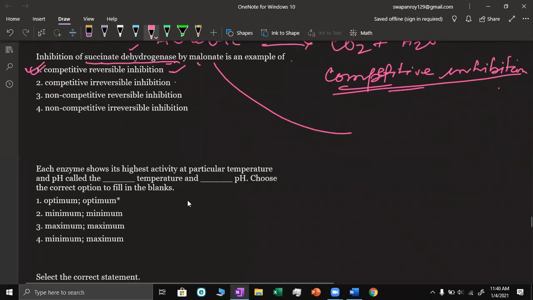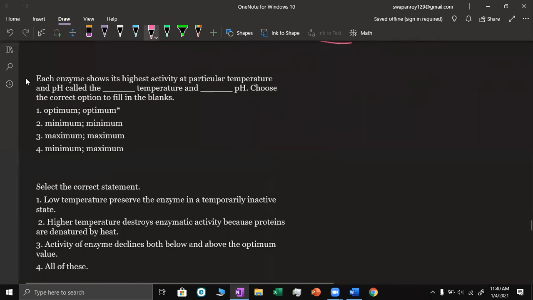Then come to the next. Each enzyme shows its highest activity at a particular temperature and pH.